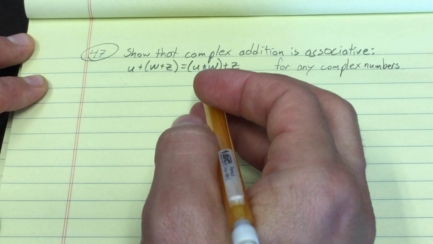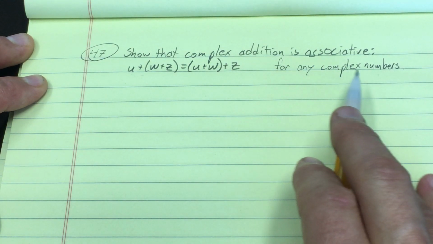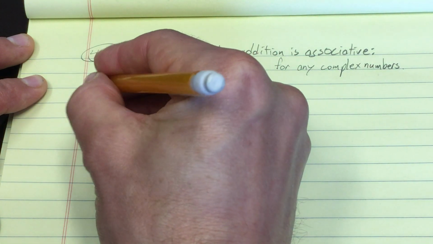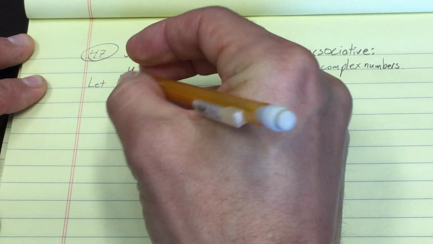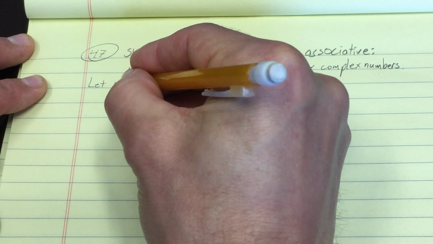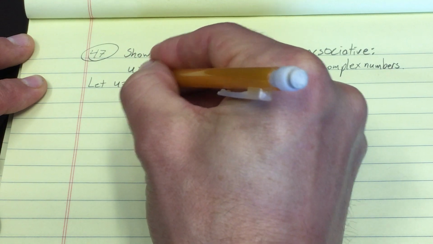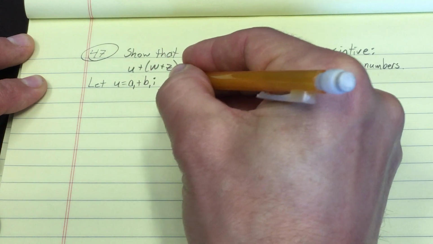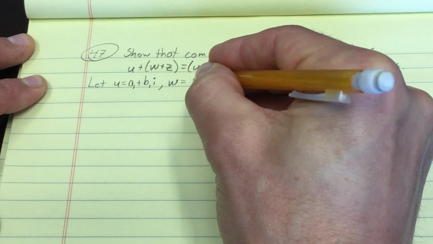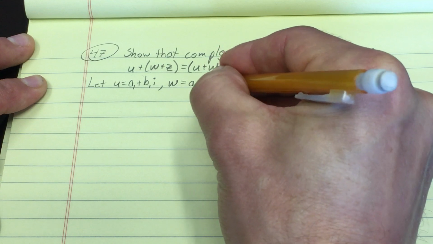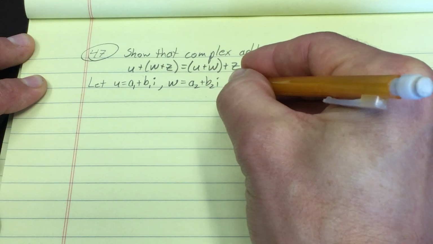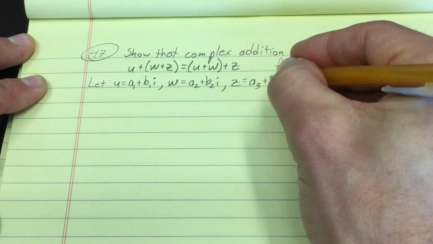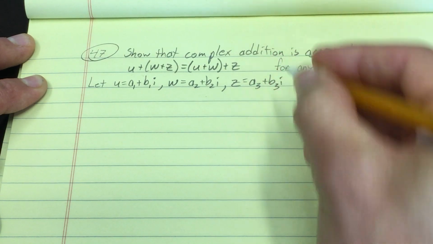We're actually going to borrow from the fact that you know that real numbers are associative. So we'll let u equal a1 plus b1i, w equal a2 plus b2i, and z equal a3 plus b3i.